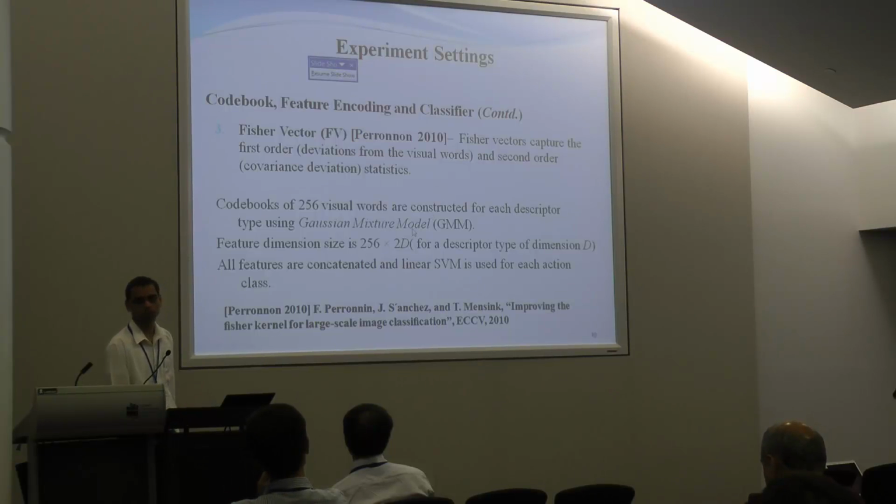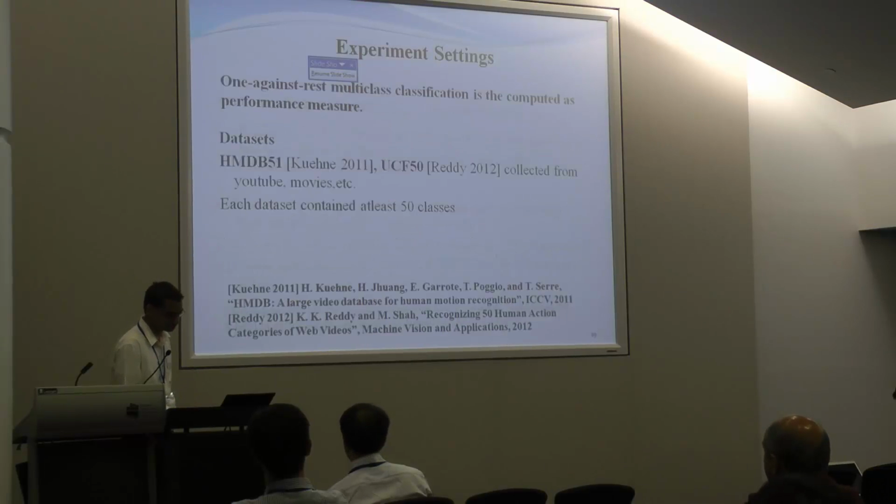Together they make 256 times 2d. In this case also we concatenate all the features and directly use a linear SVM. These techniques of VLAD and Fisher vector encoding are quite popular in large-scale image classification, and only recently have they started being applied to action recognition, particularly on a large number of classes. So that is where we try this technique.